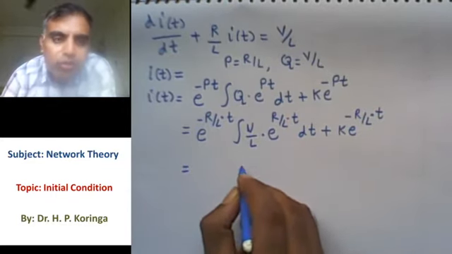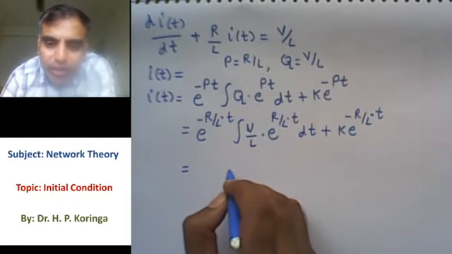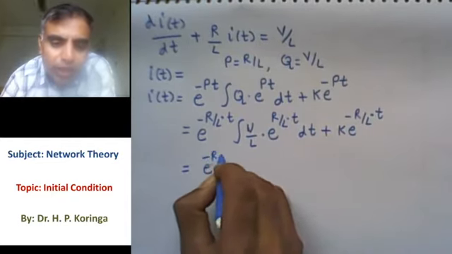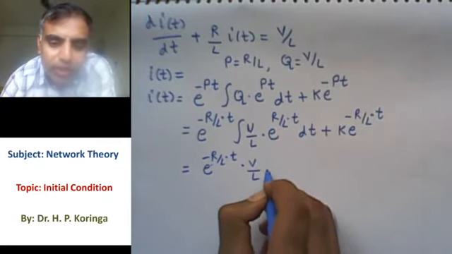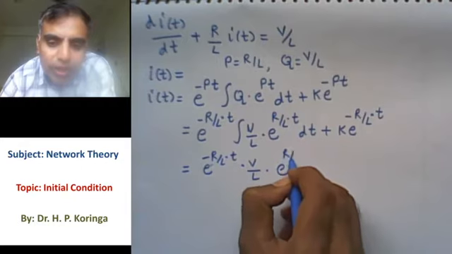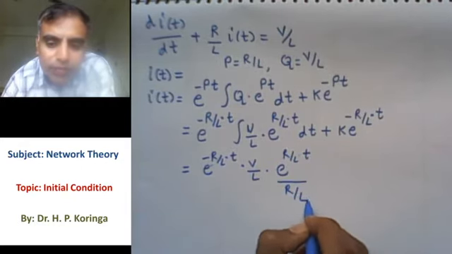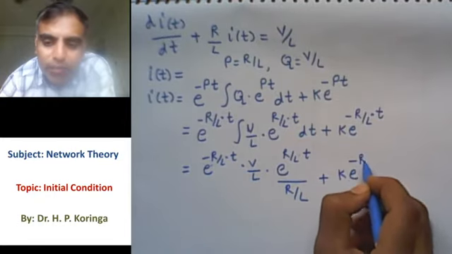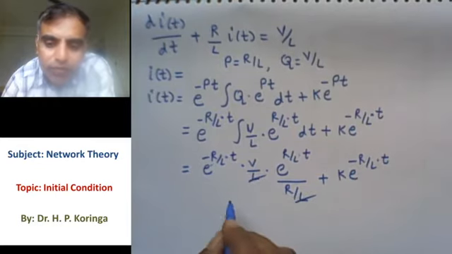The integration of e raised to at is e raised to at divided by a. So it is V upon L into e raised to at divided by a, plus k e raised to minus R upon L into t. So L and L cancel, right?